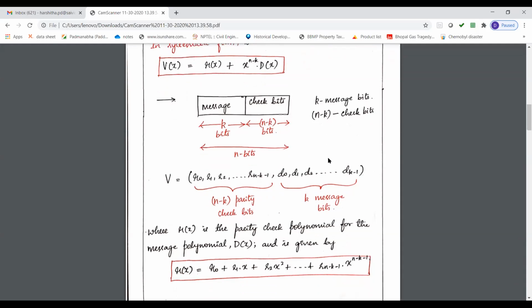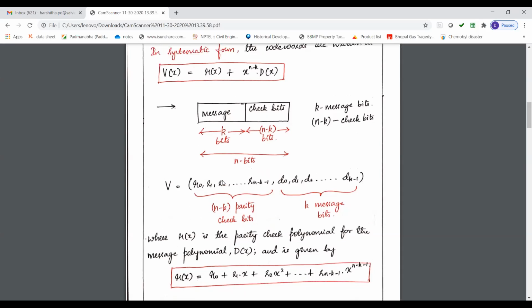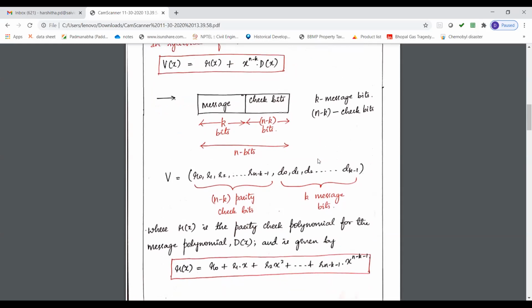This code vector is represented in the systematic form like this. First will be the remainder, indicated by the parity check bits. Next we'll have the message.